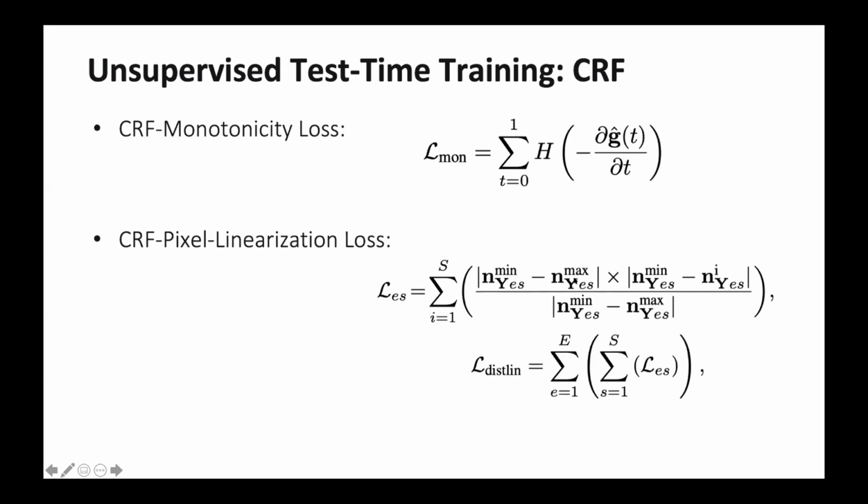So this imposes that the output after the linearization has to be linear in RGB space. E here is the patches. We collect random patches from the image, and S is the resolution of the patch. We calculate this for every patch in the image to make sure that all of them are linearized. And this can be done during test time.